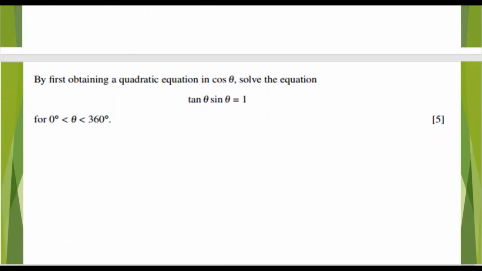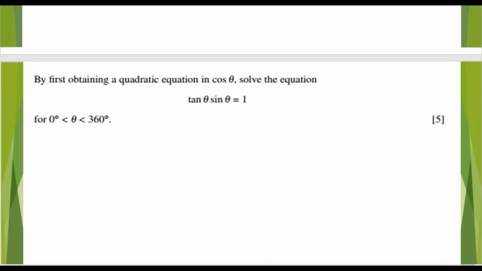So the next question is, now we are solving the equation by first obtaining a quadratic equation in cos theta. Solve the equation tan theta sin theta equal to 1. But in the given equation there is no cos theta at all, yet they are asking to form a quadratic equation in cos theta first.